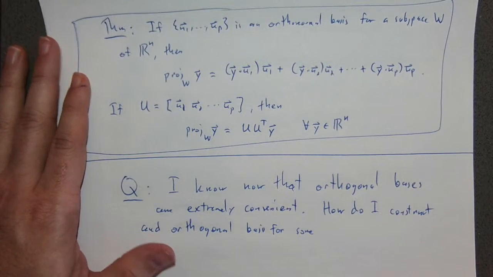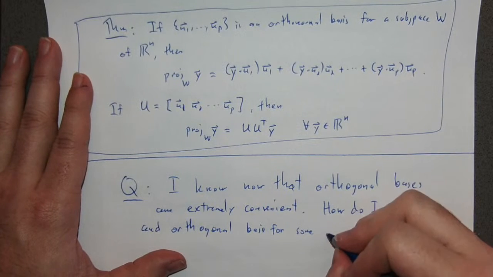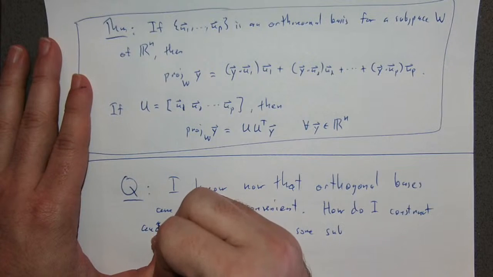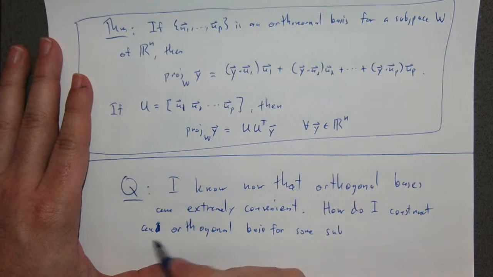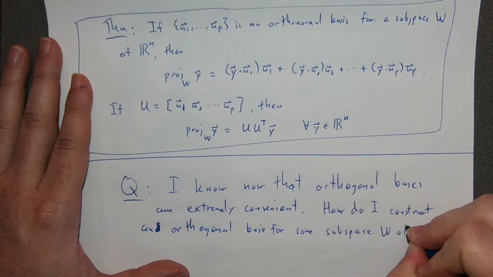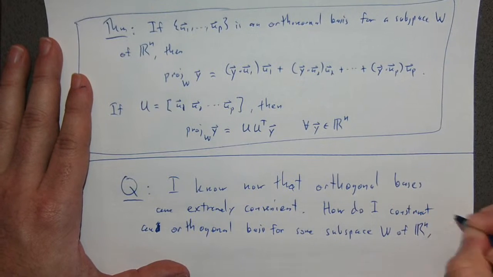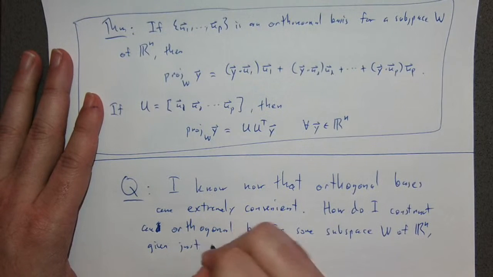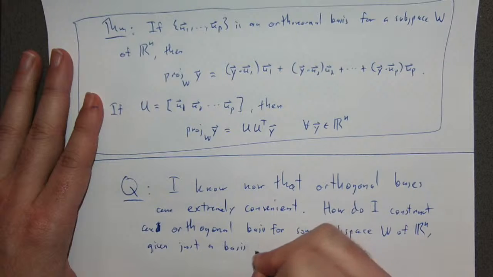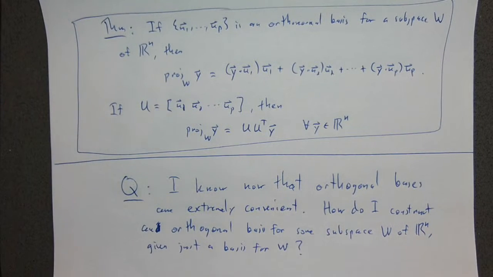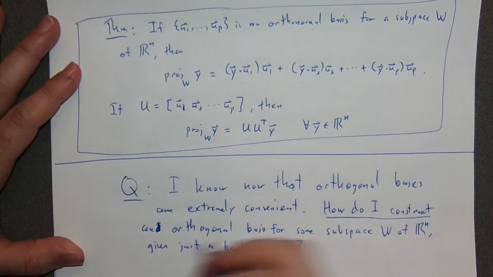And of course, we can just consider it as a subspace. So how can I construct an orthogonal basis for some subspace W of Rn given just a basis for W? That is just a generic basis for W. Here is the key question.